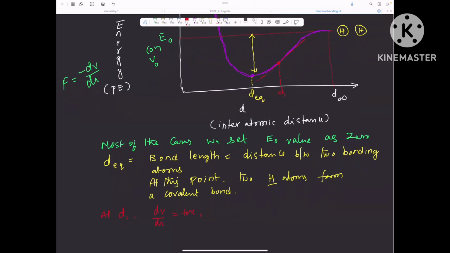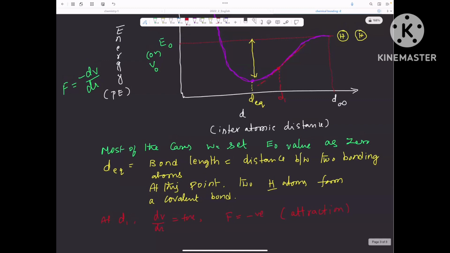If dV by dr is positive, from the definition of force, minus dV by dr, force becomes negative. Negative force means it is an attraction. Conventionally, if force is negative in electrostatics, we call it attractive. Therefore, for the distances between D equilibrium and D infinity, there is a continuous attractive force.